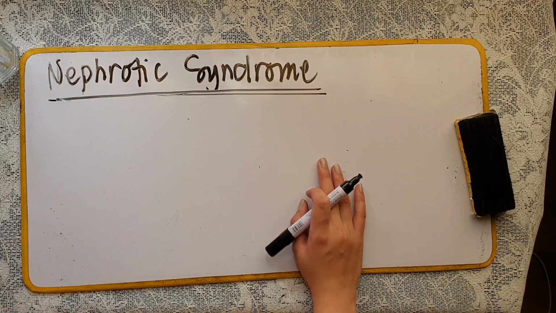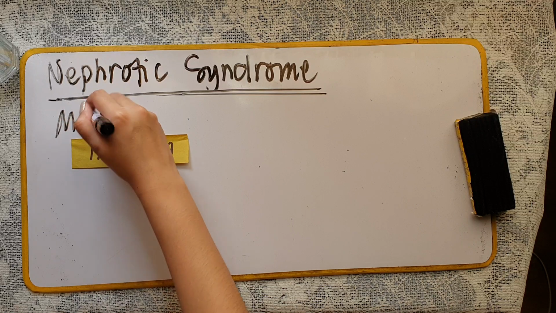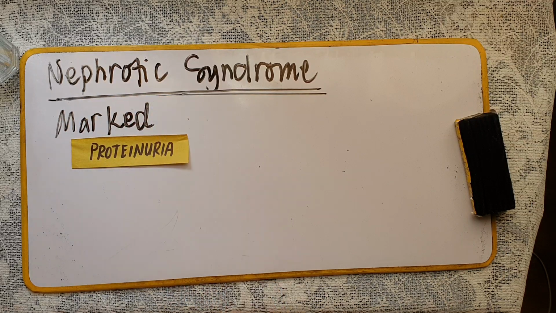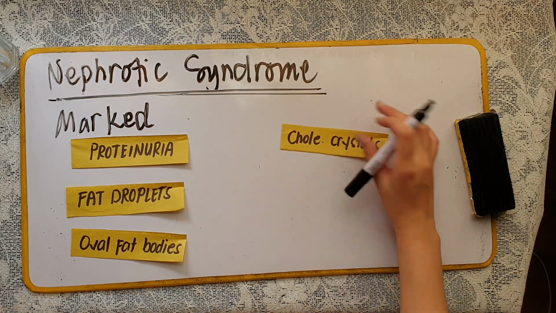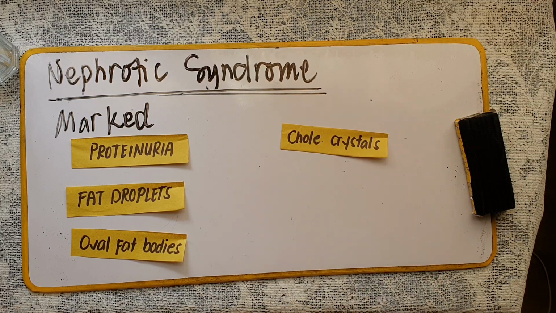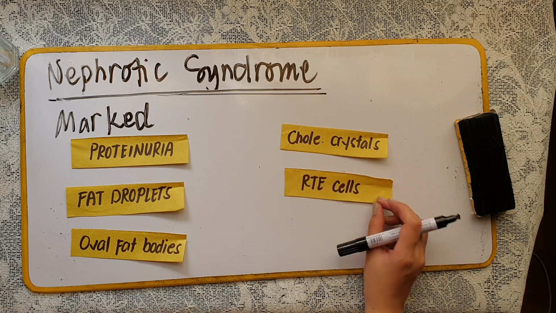Okay, now the urinalysis findings. What would be the urinalysis findings of your nephrotic syndrome? Urinalysis findings include marked proteinuria, heavy proteinuria. The presence of fat droplets also, oval fat bodies, cholesterol crystals, and various types of cast like epithelial cell cast, fatty cast, waxy cast, and etc. And then the presence of RTE cells also.